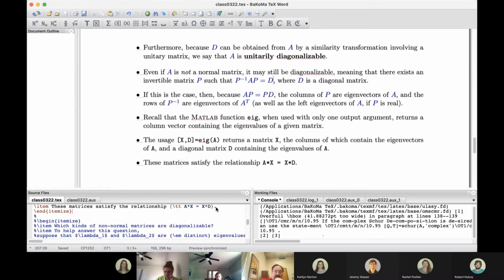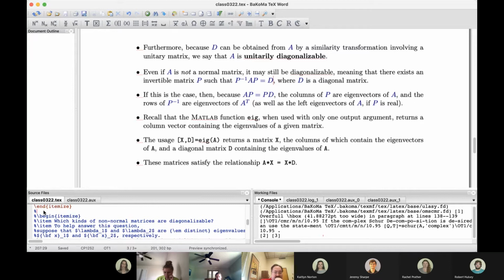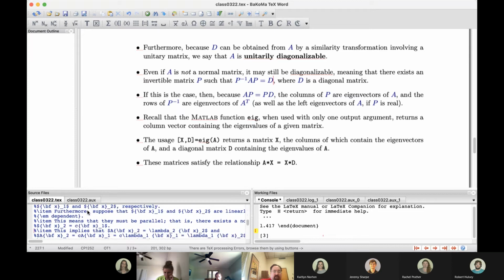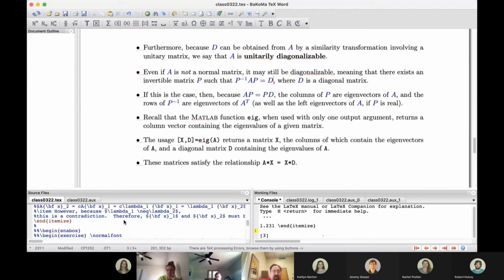So that's one thing to be mindful of. So you may have this, but that does not necessarily imply this. So if a matrix that is not normal can still be diagonalizable, when does that happen?